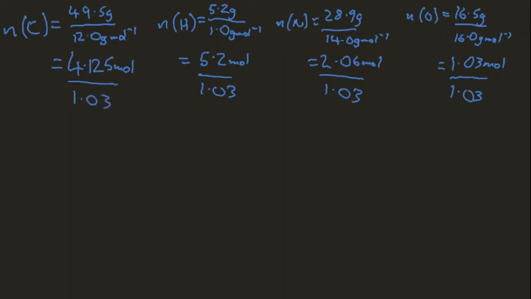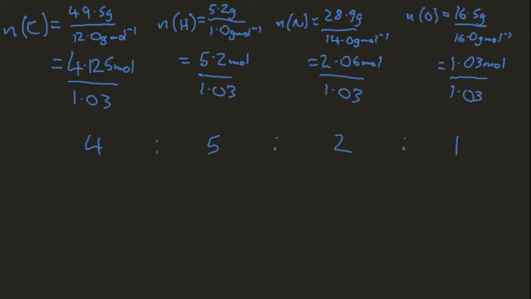So we find, obviously, for oxygen, 1 divided by 1.03 is 1. For nitrogen, it's 2. For hydrogen, it works out to be 5.04, so we're just going to round that to 5. And then for carbon, 4.125 divided by 1.03 works out nicely to be 4. And so that is our ratio of elements.